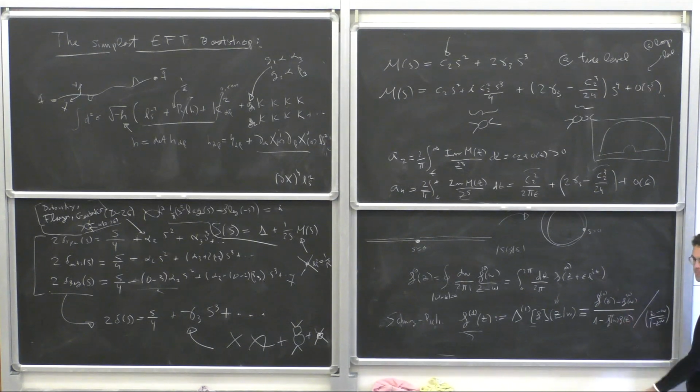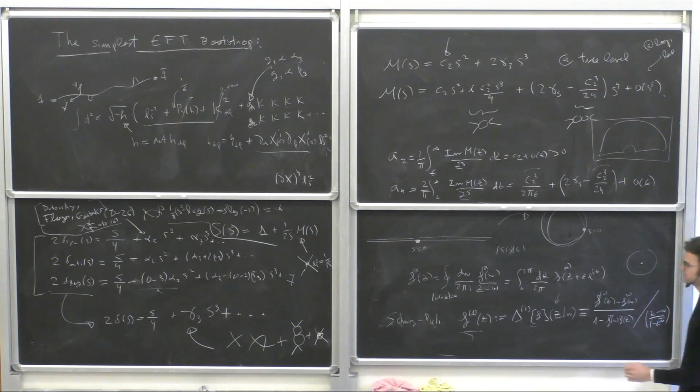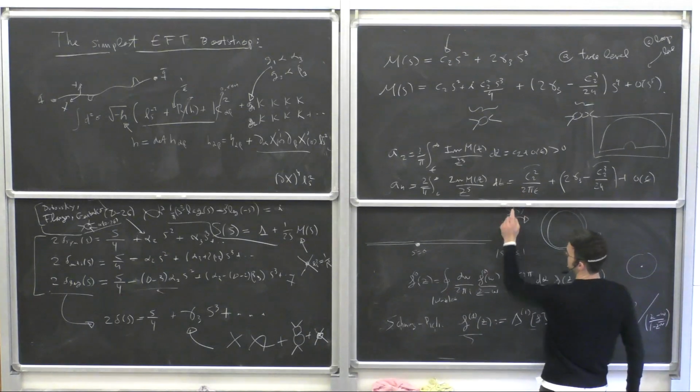So we are still talking about a holomorphic function inside the unit disk. And now it's not hard to check by yourself that it is also bounded by 1 at the boundary, very much like the S matrix, okay?